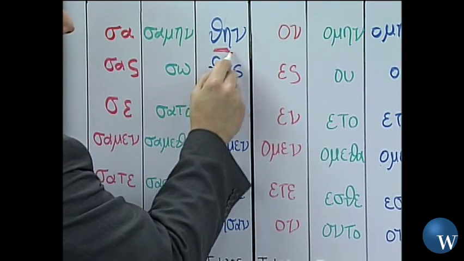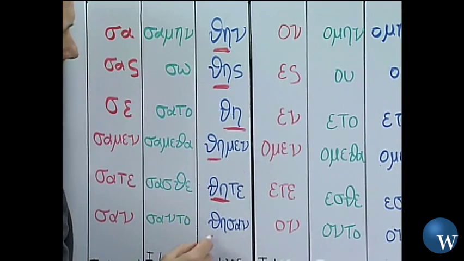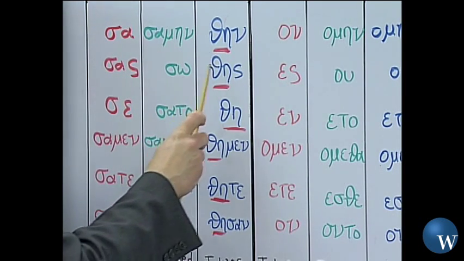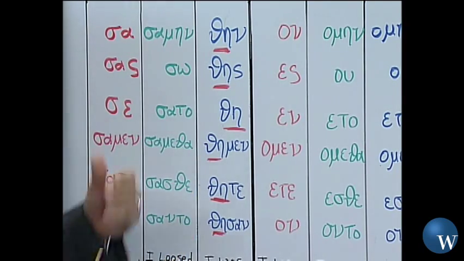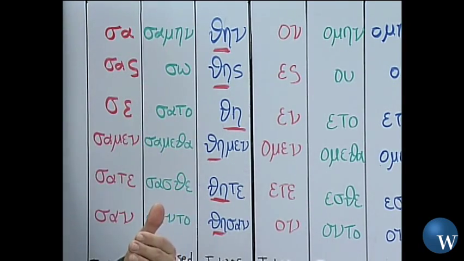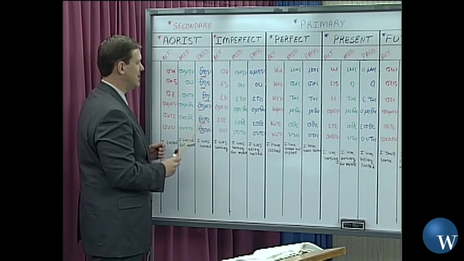Here is our morpheme, thay. We're going to run across it again in other situations in the future, as well as when we move to participles. We need to pay attention to that thay, because that's telling me passive. So pay attention to that: thane, thase, thay, thamen, thete, thesan.